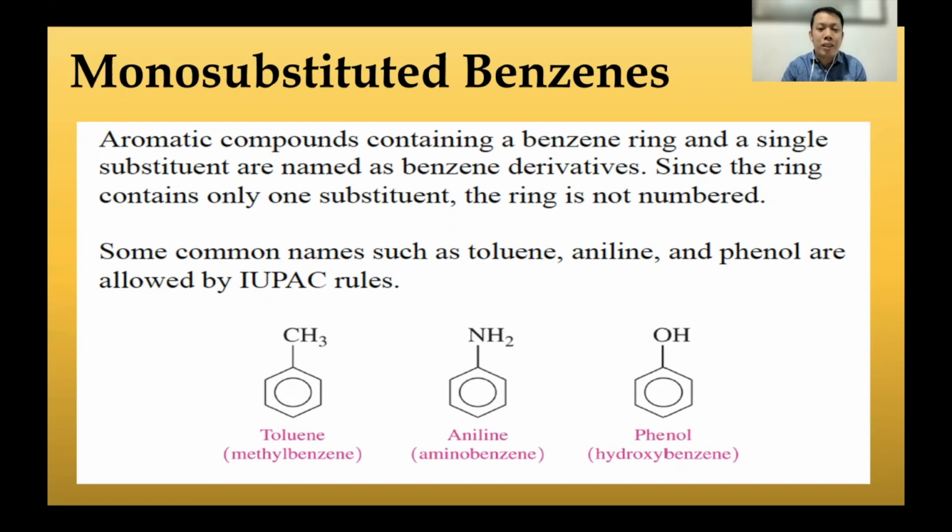Examples could be an alkyl like methyl, ethyl, propyl, butyl, pentyl, and so on. It could also be an amino group, like in this example, NH2, and it could also be an alcohol group or hydroxyl, that's why there's an OH there.